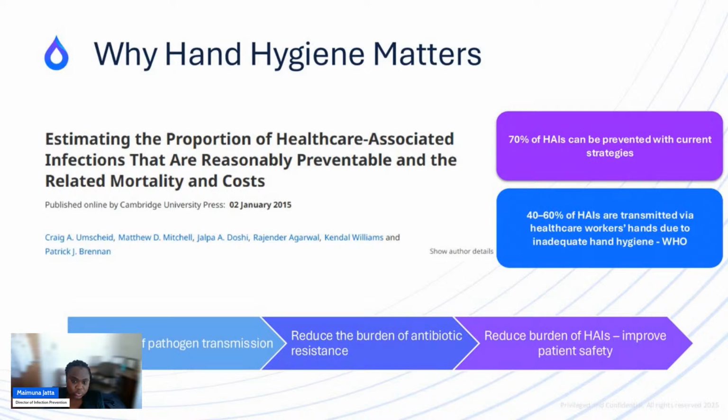So that means there's always a 50% chance of a missed opportunity to wash their hands and break that chain of infection. Proper hand hygiene not only prevents pathogen transmission, but it also reduces the risk of antimicrobial resistance by lowering the rates of infection that require treatment with antimicrobials.